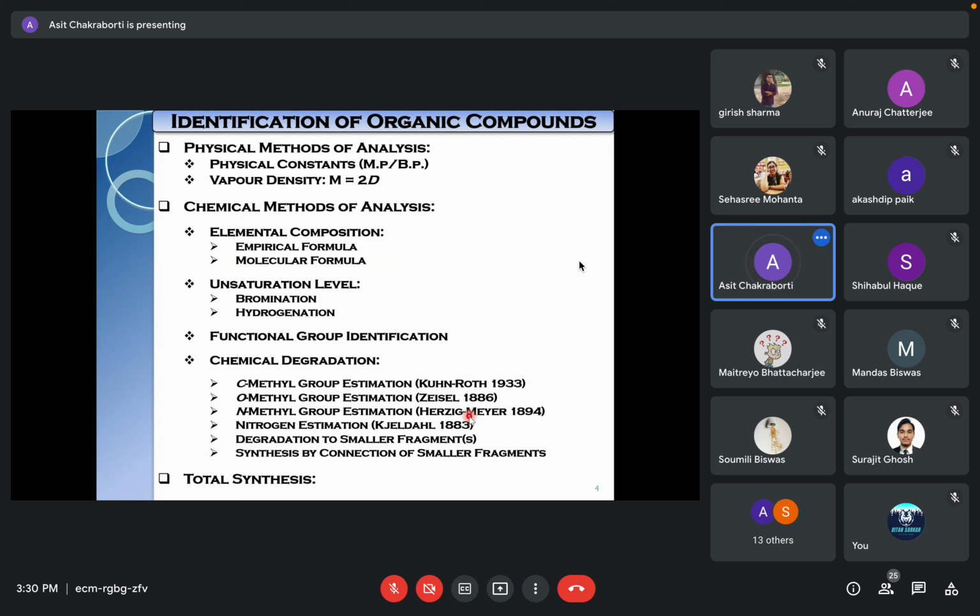In the early days, you also had to estimate nitrogen. This is called Kjeldahl's method of nitrogen estimation. Here also the compound was subjected to a complete degradation reaction, normally by chemical oxidation, generally with sulfuric acid.